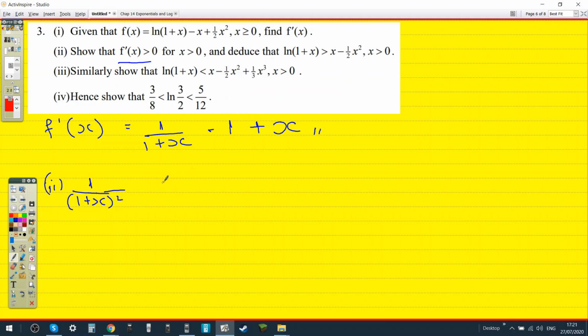And then derivative of that would be plus 1, is it? Yeah. And we could say that's equal to 0. So 1 over 1 plus x squared is equal to minus 1. Mm-hmm. And then I suppose you can multiply 1 by 1 plus x squared.